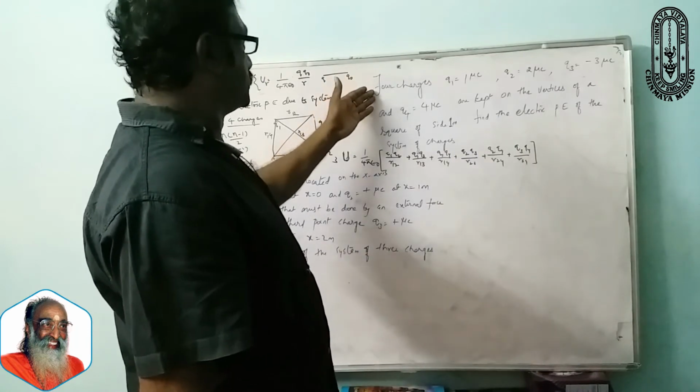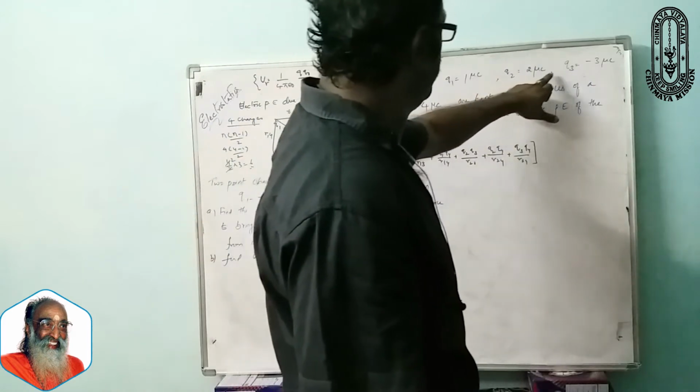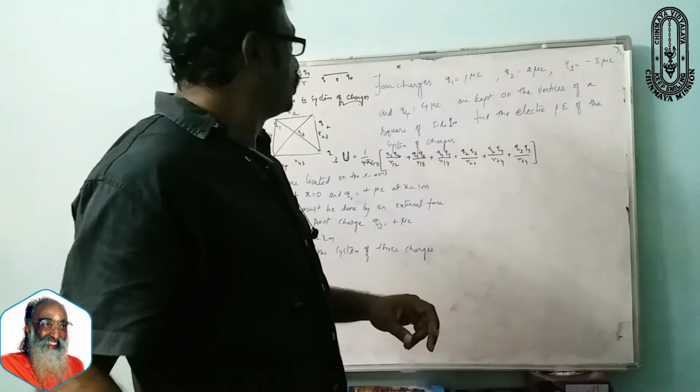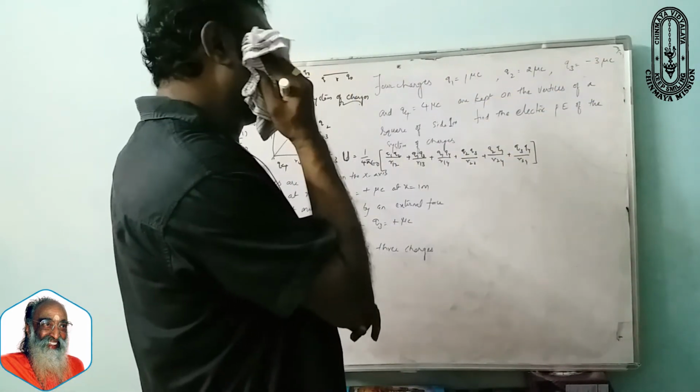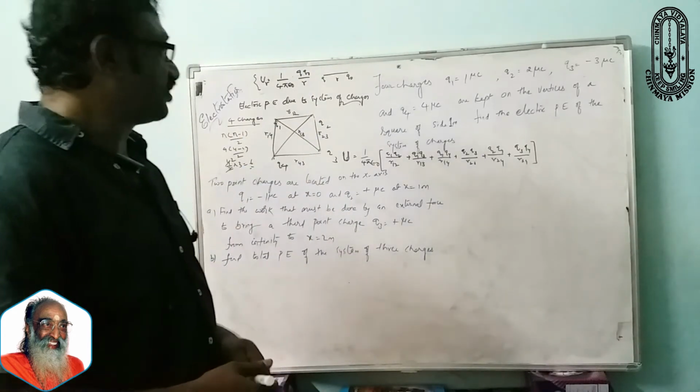Now look at this. 4 charges, Q1 1 microcoulomb, Q2 2 microcoulomb, Q3 minus 3 microcoulomb, and Q4 4 microcoulomb are kept on the vertices of a square of side 1 meter.